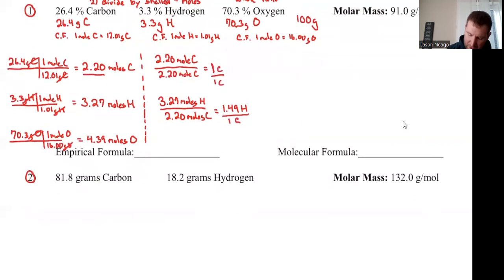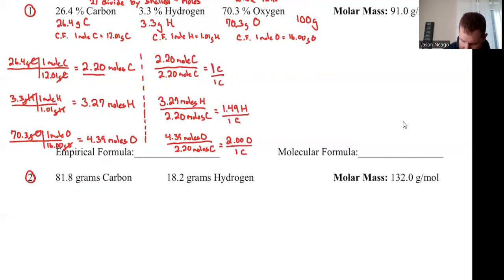We're just making some ratios, okay? And the last one, 4.39 moles of oxygen divided by 2.20 moles of carbon. When I do that, 4.39 divided by 2.20, I get 1.995. So we're going to call that 2.00, and essentially that's 2 oxygens per 1 carbon.